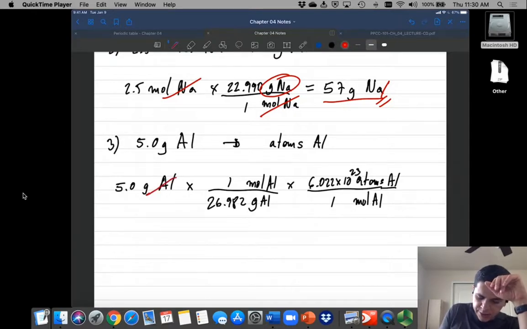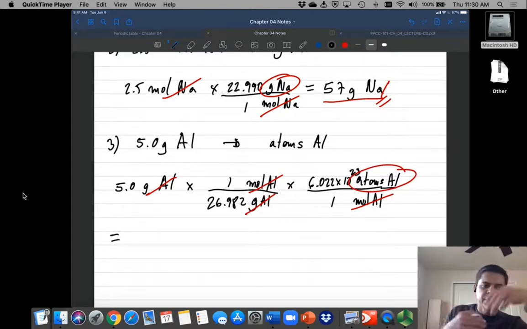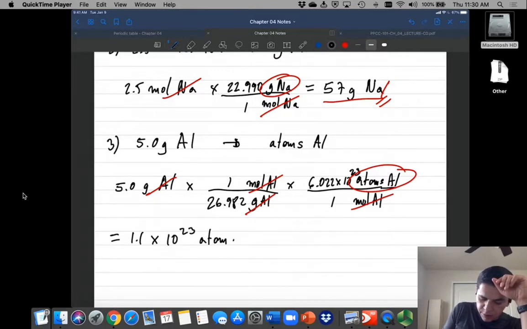So then this cancels, and then we get atoms of aluminum. The calculator gives you a whole bunch of numbers, 1.1159, something like that, but that rounds to 1.1 times 10 to the power of 23 atoms of aluminum.